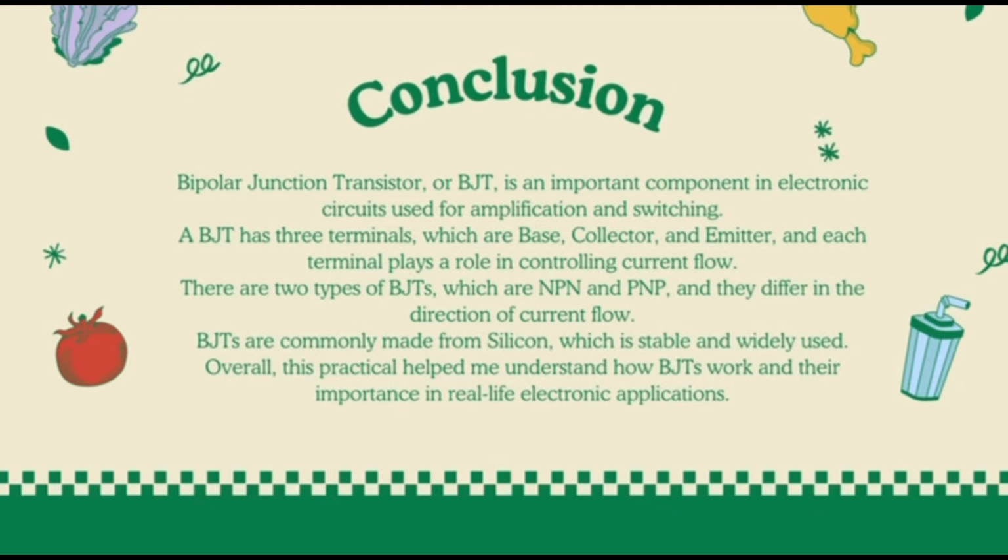There are two types of BJT, which are NPN and PNP, and they differ in direction of current flow. BJTs are commonly made from silicon, which is stable and widely used. Overall, this practical helped me understand how BJTs work and their importance in real-life electronic applications.